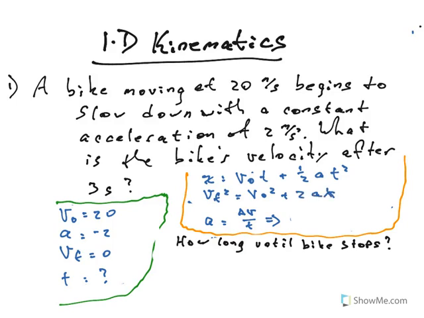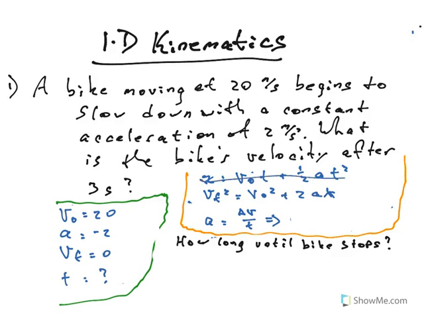So now I have V naught, I have VF, I have A, and I'm looking for T. Look at the first equation. Can I use the first equation to solve for T? Yes, there is T in this equation. Do I have all of the pieces of information for the equation? Do I have X? No, I still don't have X, so he's gone.